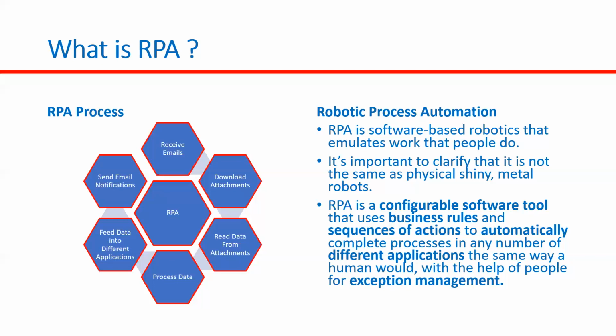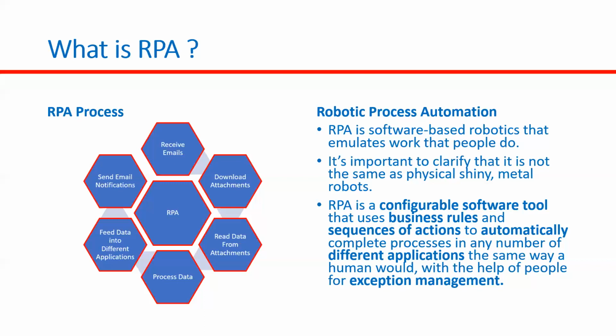And then any RPA software tool should have the commands, basically the sequence of actions, which will be used to build the automation process. When we talk about the sequence of actions, commands and activities, all refer to the same terminology.